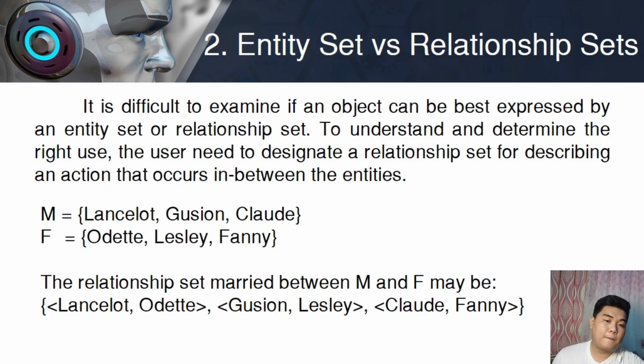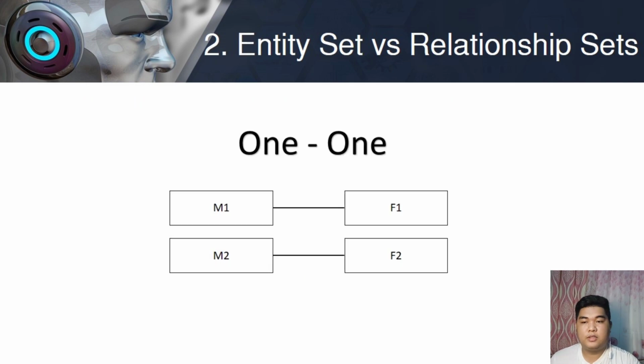So here, the mapping cardinality of a relationship, we have first the 1:1. I'm sure naman na familiar na sa inyo ito. Yung 1:1, 1:many, many:1, and many:many.